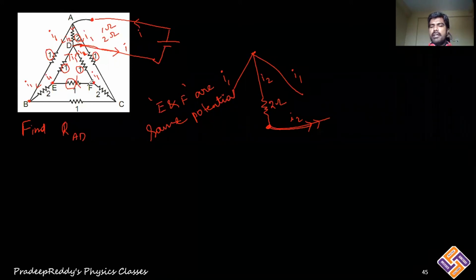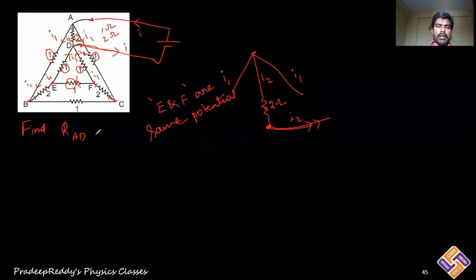As E and F have the same potential, what would happen? Between two same-potential points, no current flows through that resistor. So from E to F, there is no current division taking place. At E, whatever current is coming here directly enters D. Similarly, whatever current is coming to this C, the same current enters this, because I1 current should come to this point.